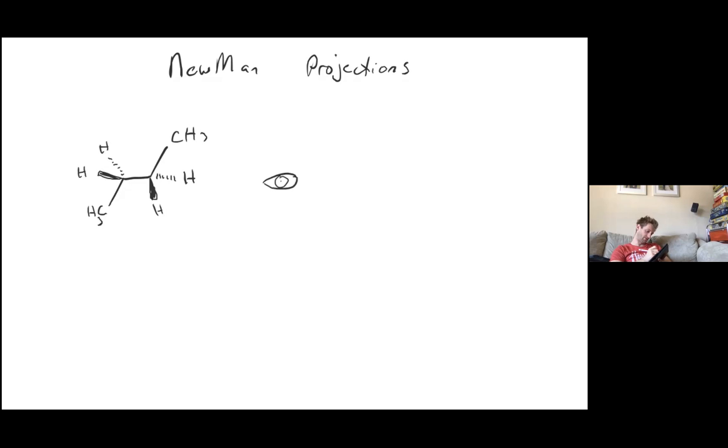You have an eye and you're looking straight down this bond here. As you look straight down, that bond's going to disappear because you're looking directly at it. It's going to look something like this in the front.